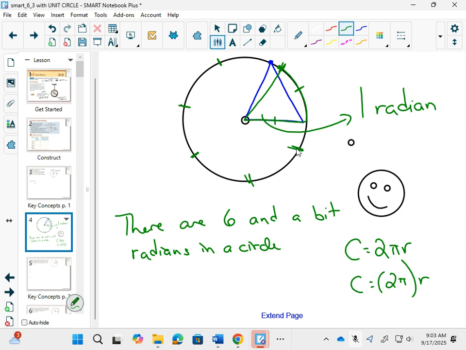Your circumference formula is a relationship between the radius and the circumference. Would you agree that 2 times pi is about 6 and a bit? The 2 pi says that if you want to count how many radiuses you need to go all the way around your circle, it's approximately 6.28 radiuses.